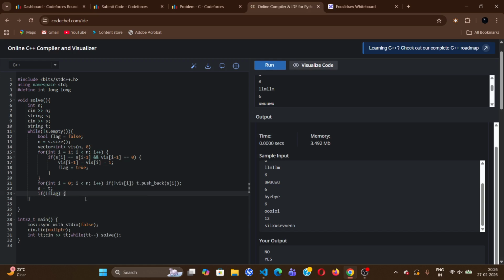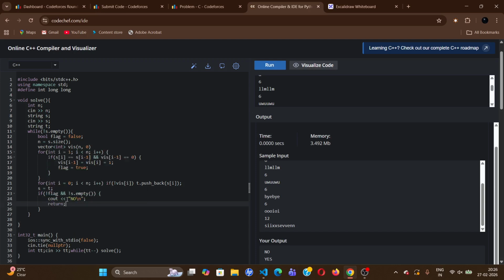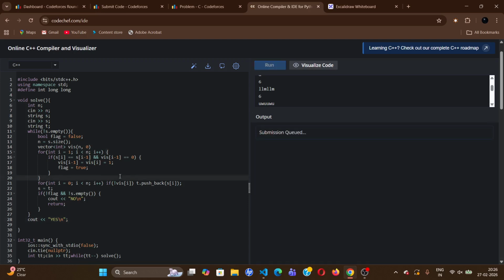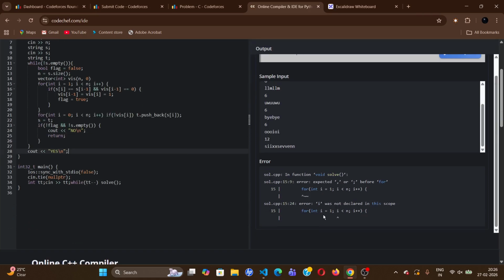If no operation is done, then it is not necessary, but yeah. In that case, it will show no. In this case, it will show yes. What?